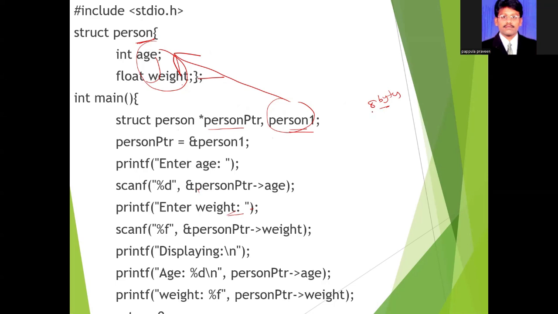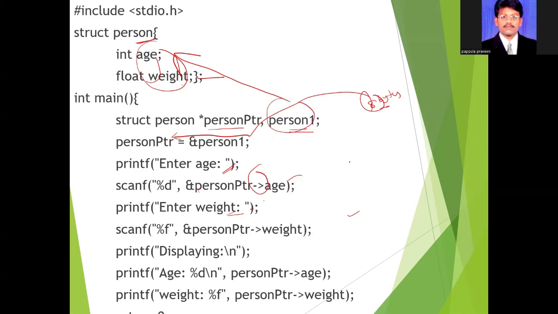This 8 byte address is assigned to the person pointer. The first base address is assigned to the person pointer. Now you enter age. How can we enter age? To read and print, use the arrow operator.